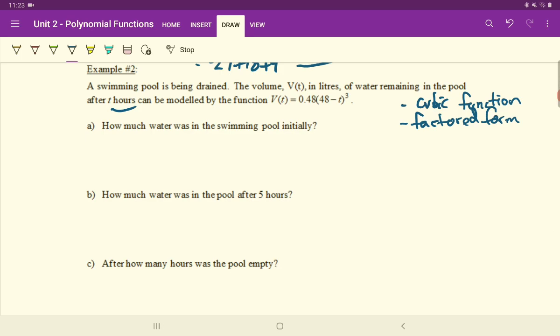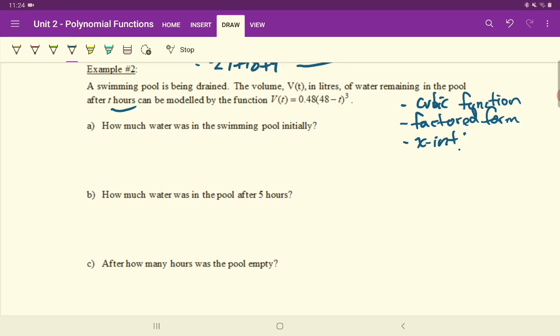That's something to note, although let's see once we graph it what that ends up looking like. But let's just leave it at that. We've got a cubic function. It's in factored form, which means we can find x-intercepts if we need to. And we'll do that in this question, actually. It'll come in handy for us to be able to do that.